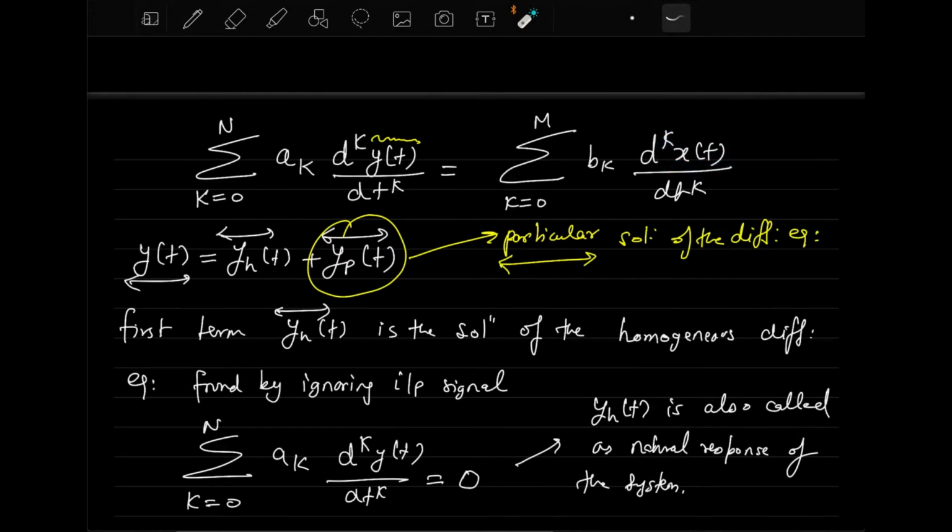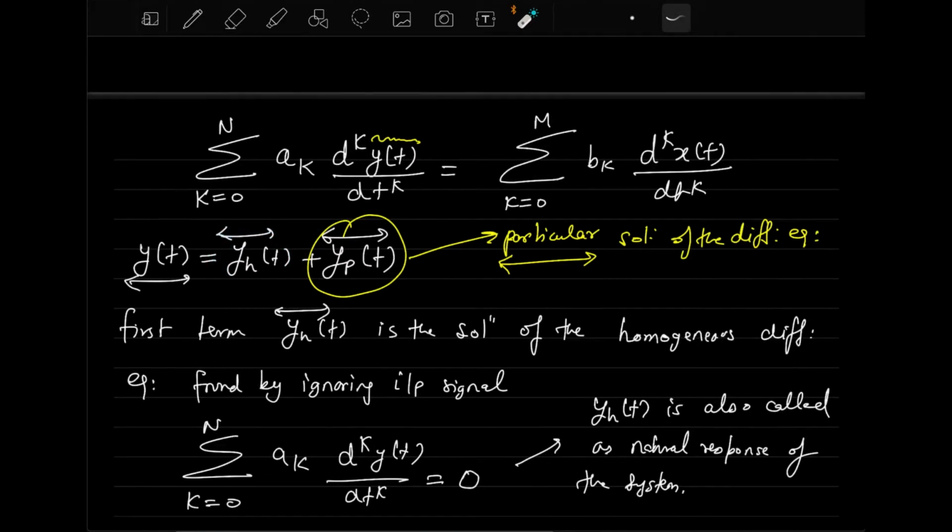So there will be no input excitation in the differential equation, and whatever solution that you will get will be the natural response or the transient response of the system. And note that the response that comes out in this part will be mostly because of the initial conditions that we have in the system.